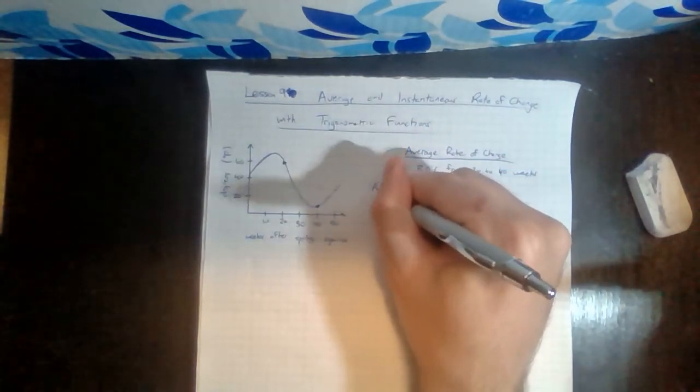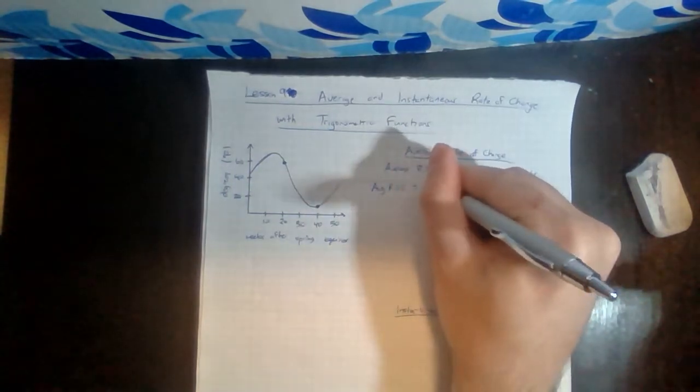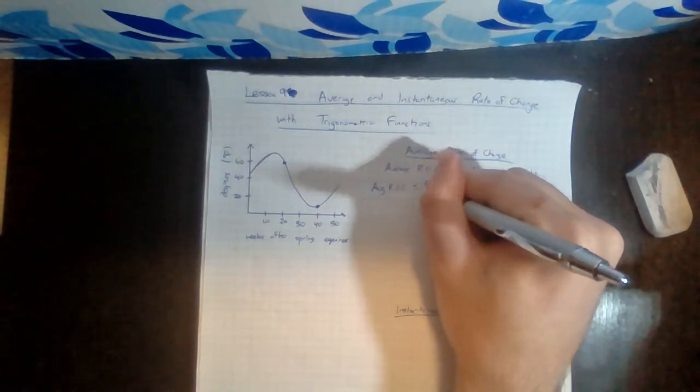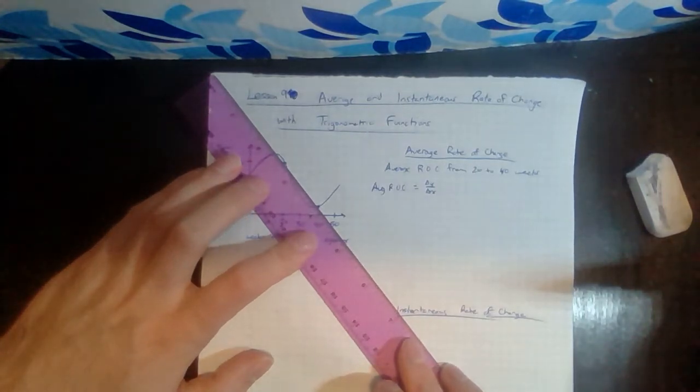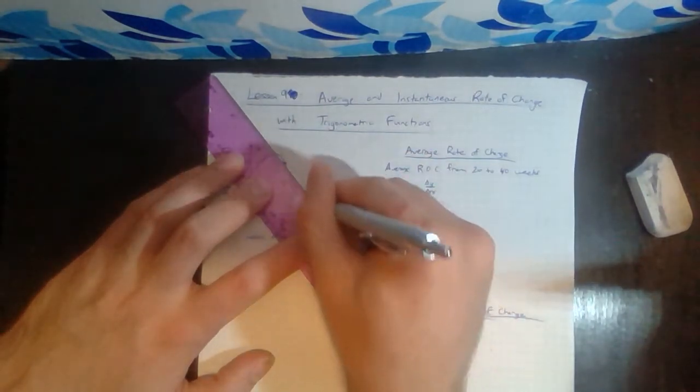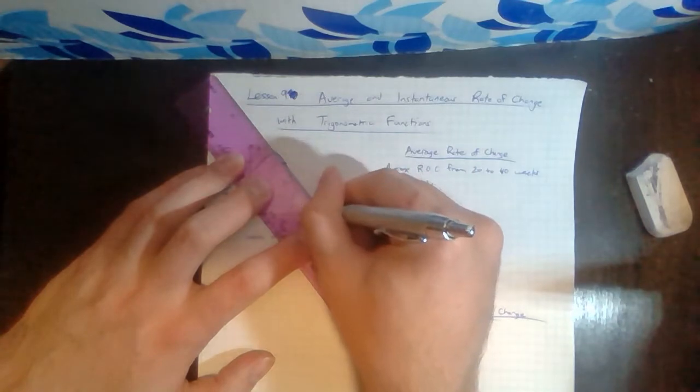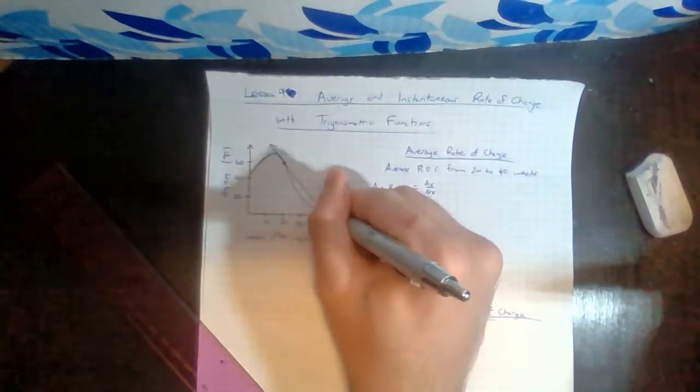So just as we did last time, average rate of change is the change in y over the change in x for this interval. So from 20 to 40 weeks, and this is coming straight from the note. This is the graph that was in the note. From 20 to 40 weeks, what is our average rate of change?